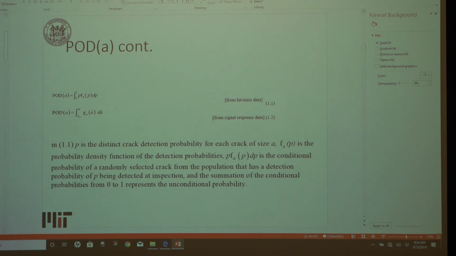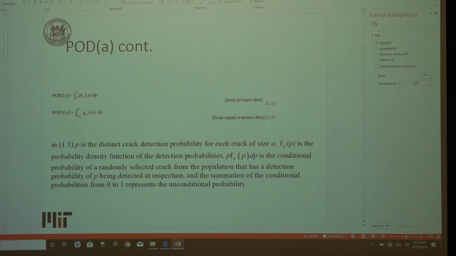This formula assumes it's just a random discontinuity. Typically this formula is relevant for surface-breaking flaws, but with ultrasonics it can be subsurface. The formula itself is what's known as conditional probability, and then as you do more and more inspections, you get what's known as Bayesian updating. So it's the a priori knowledge.